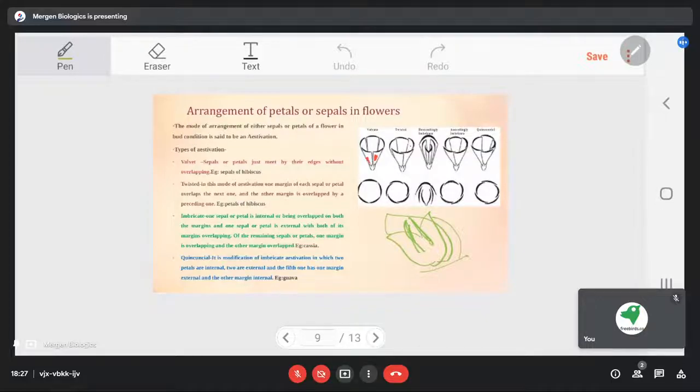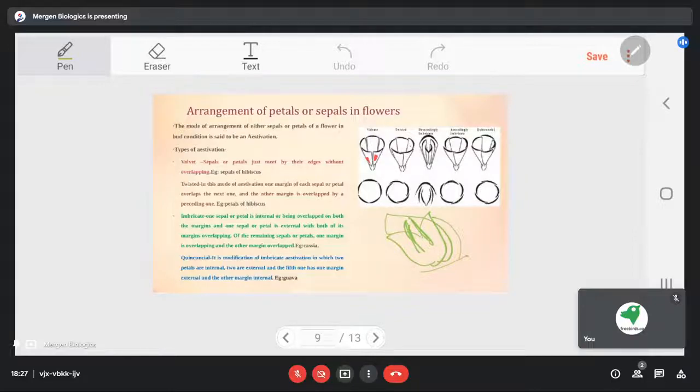Now comes the second whorl, which is the petals, the attractive part of the whole flower, which attract the pollinators for the process of pollination. They differ in number based on the species, but their main function is to attract the pollinators, and they may be twisted estivation, or they can follow any estivation that we have studied right now.